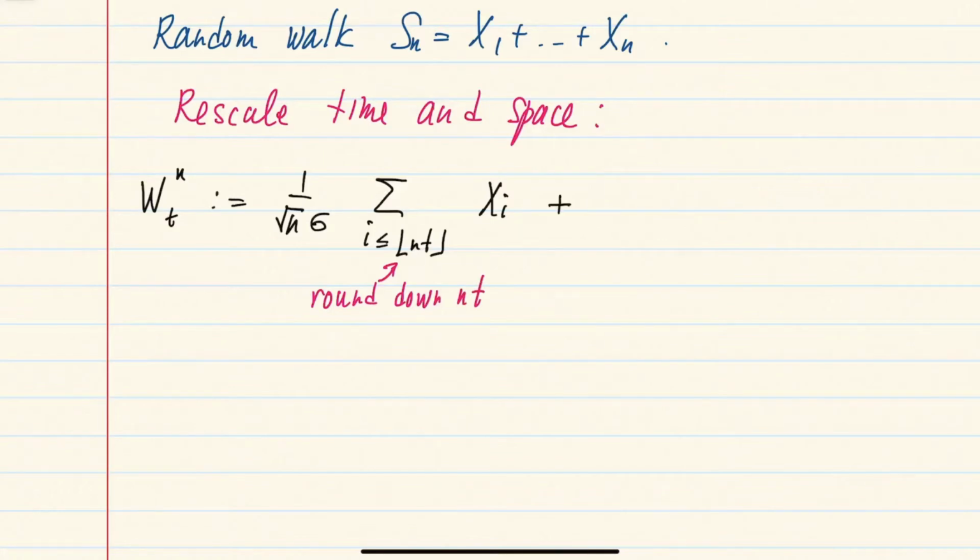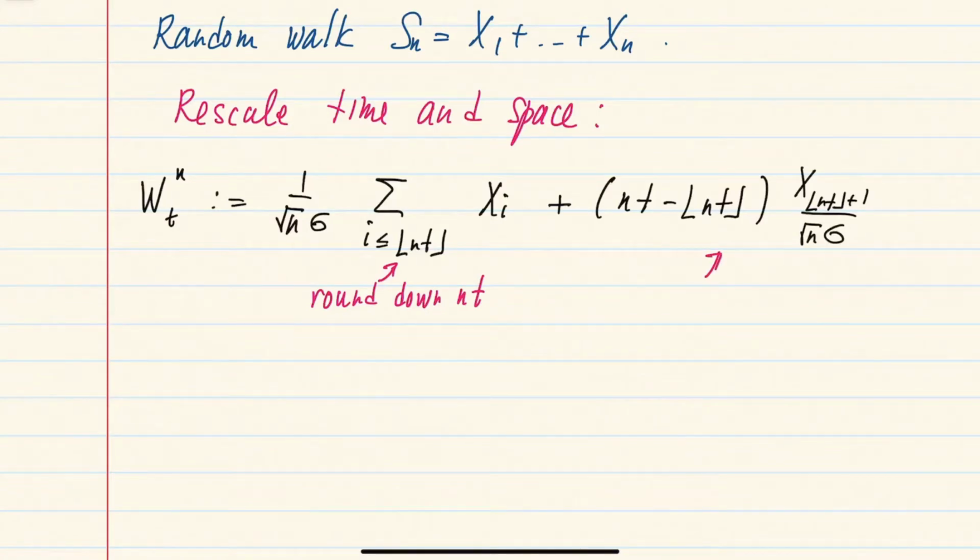Now we want to stay in the space of continuous functions, because we want to prove convergence in the space of continuous functions. So here we artificially add a term which interpolates when our time parameter is in between two terms. You can simply add nt minus the floor function, times the next term, X_{floor(nt)+1}, divided by square root of n sigma.